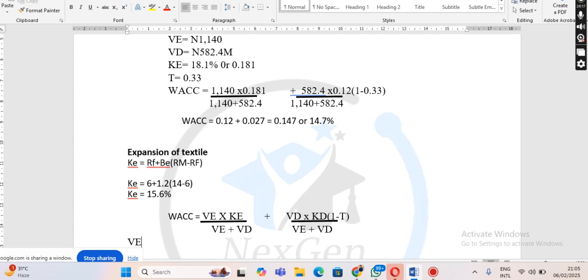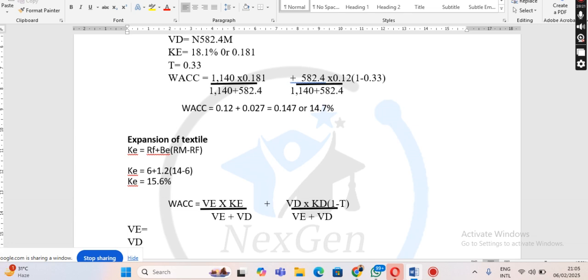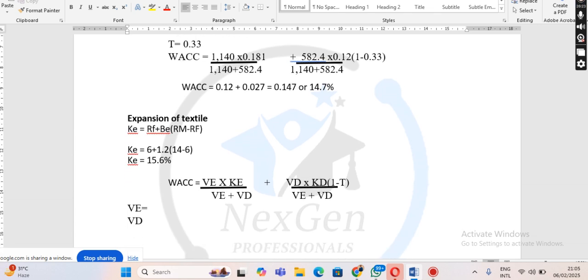So quickly, the value of equity, value of debt, tax, cost of debt. VE, VD, and KE, right?